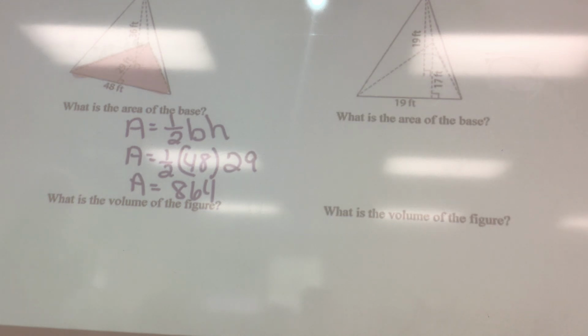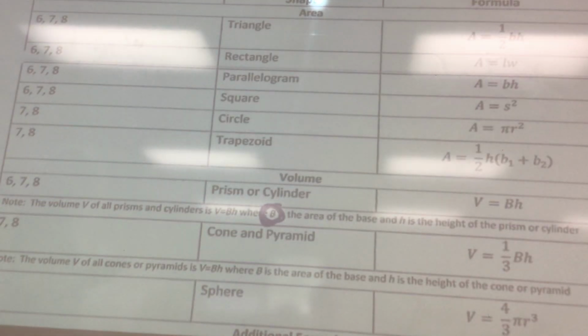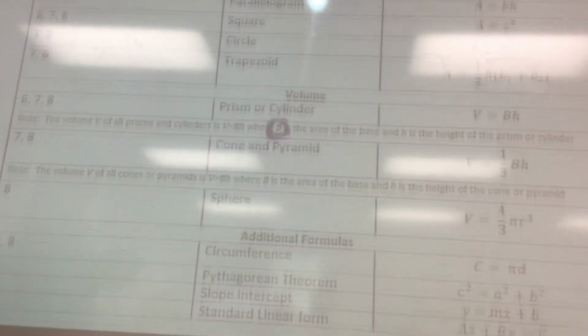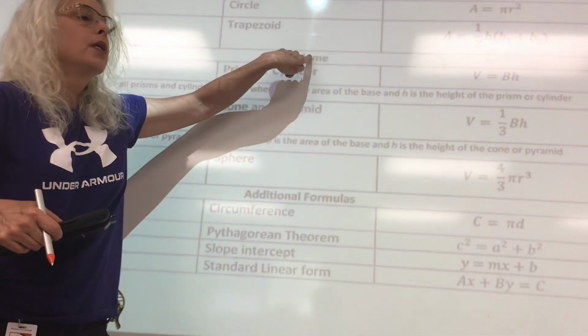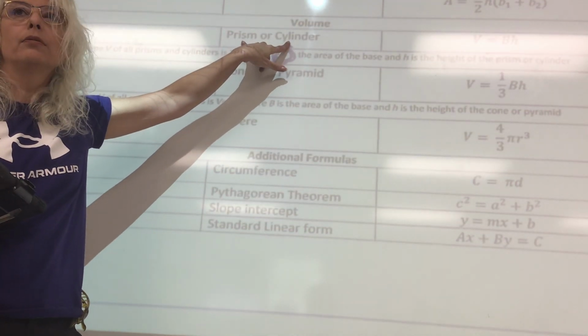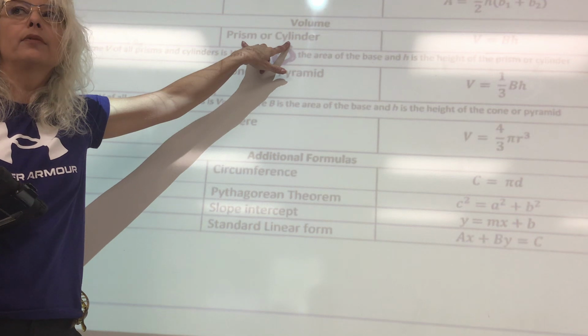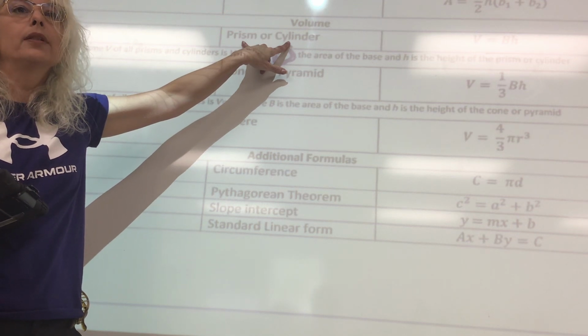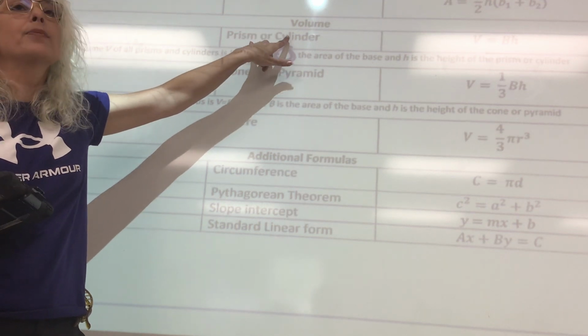All right, now it says, what is the volume of the figure? So I'm going to go back to my handy dandy reference sheet. And we're finding out the volume. What are we trying to find the volume of? Is it a prism or cylinder? Hold on, I'll fix it.